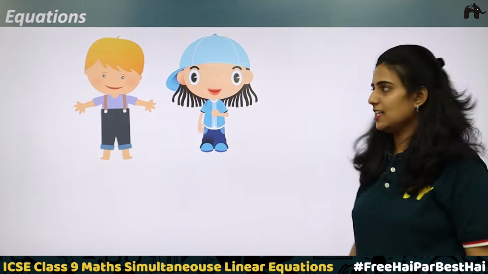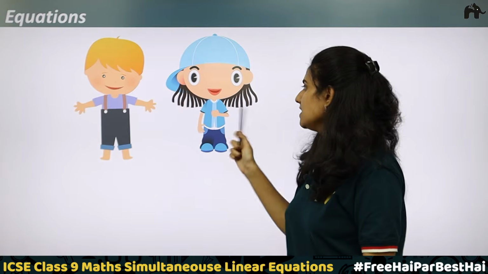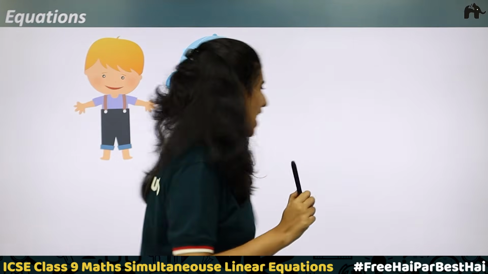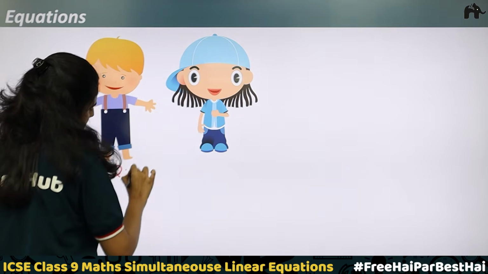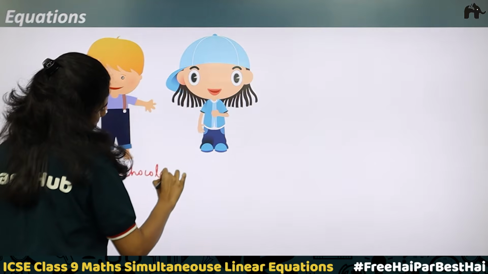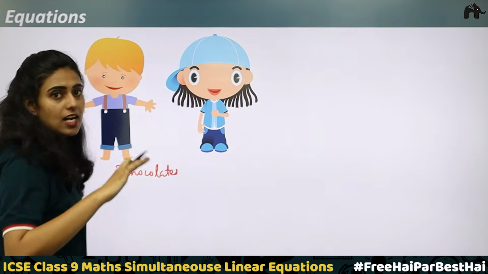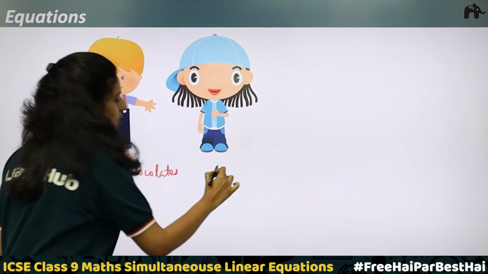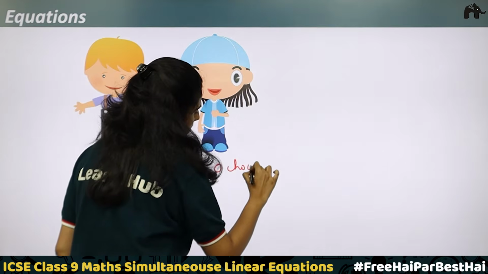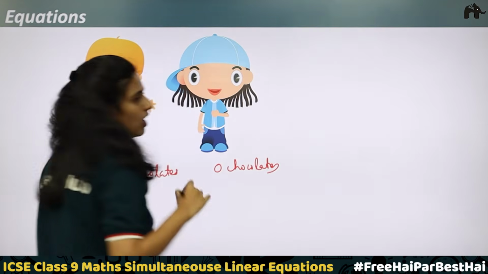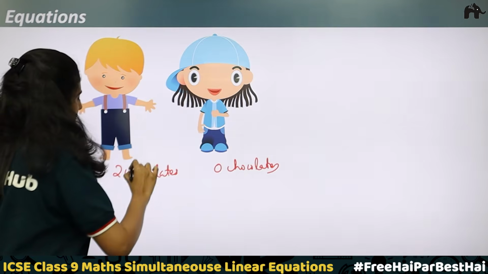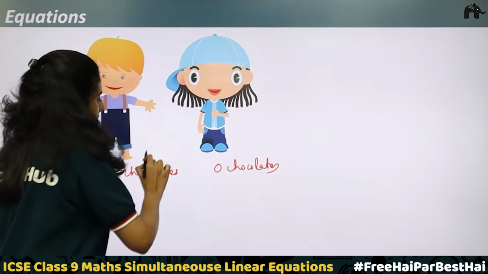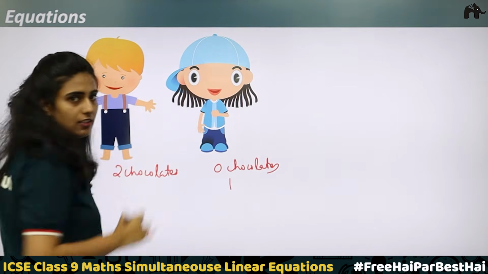First of all, what is an equation? Here you have a boy and a girl. The boy has 2 chocolates. The girl has no chocolates, 0 chocolates. What the boy does is, he shares his chocolate. That is, he gives 1 chocolate to the girl.